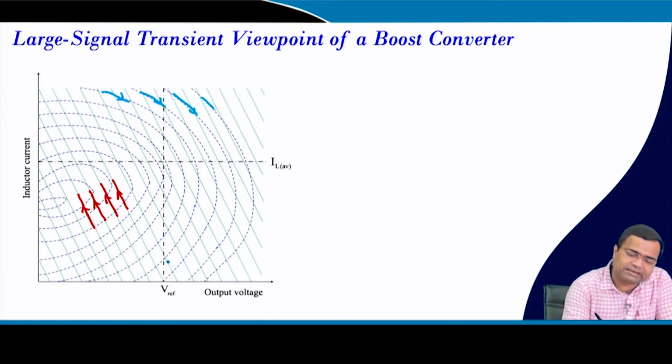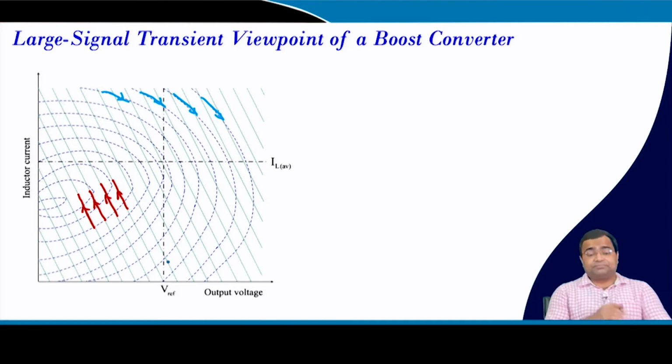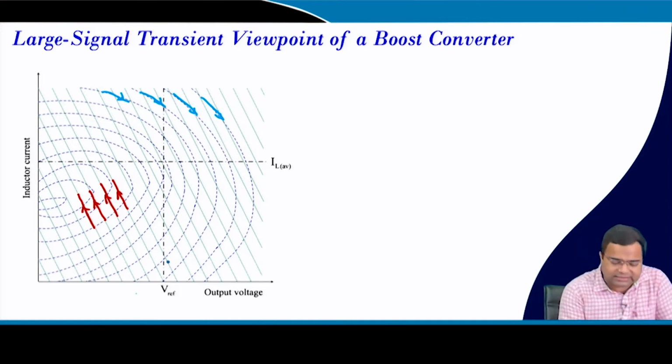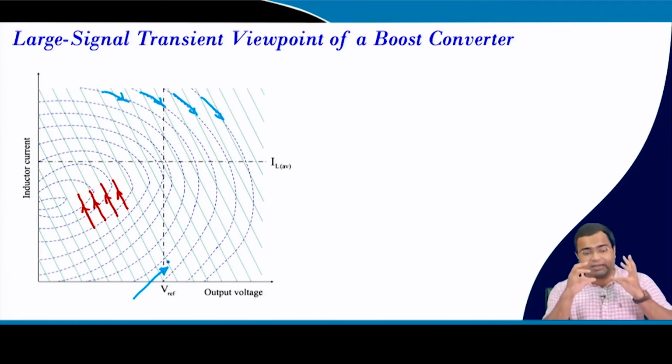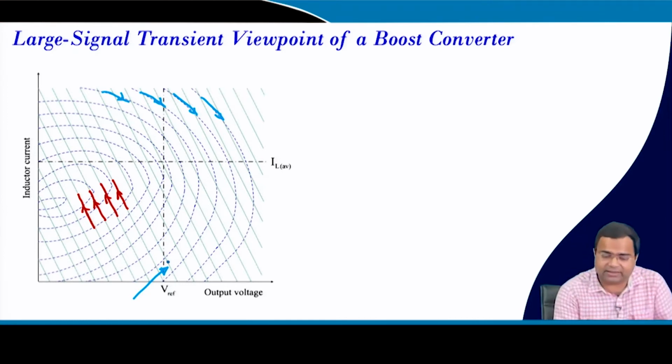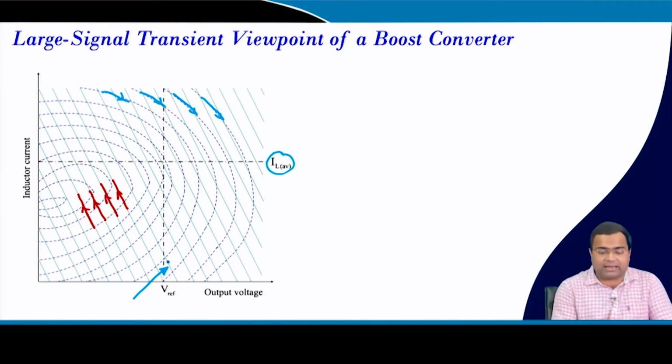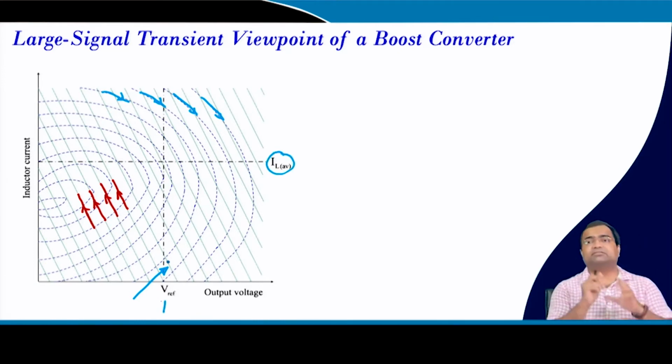Now, this is my initial condition, and we want to reach our steady state point where the average inductor current is IL average and the average output voltage will be V rated, that is our steady state point.